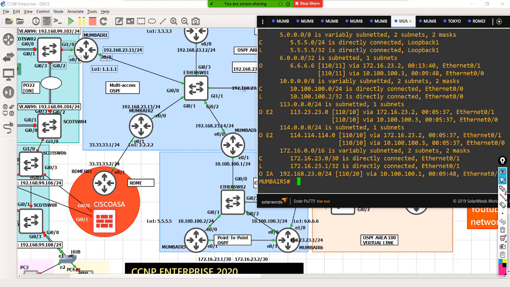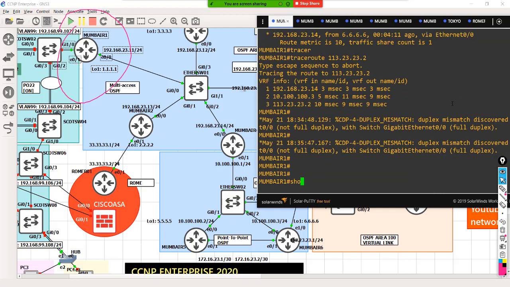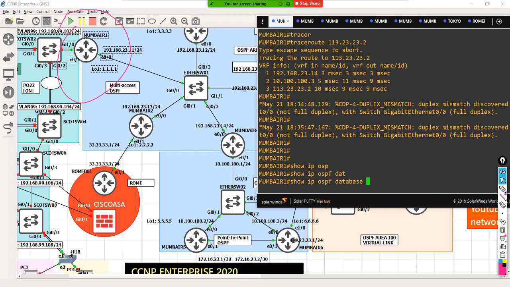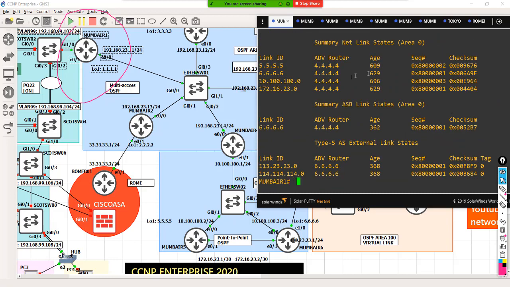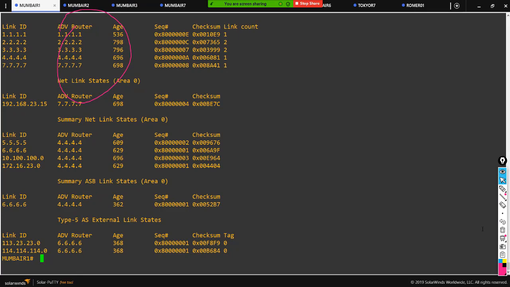Fine. Now regarding the LSAs, come back to router 1. I'm considering this router. Let's see the LSA flow now. So show ip ospf database. You will be seeing a lot of new things now. So what do we have here first?